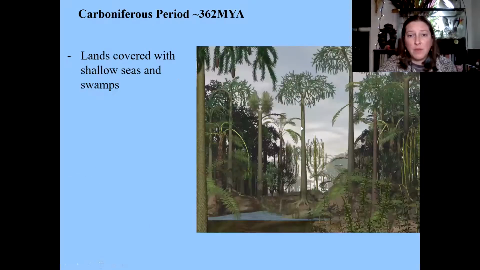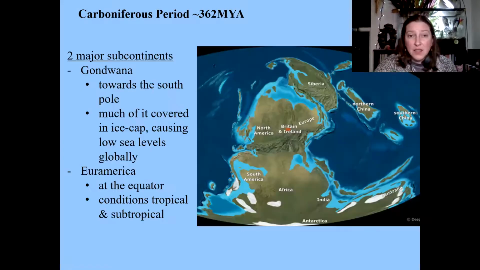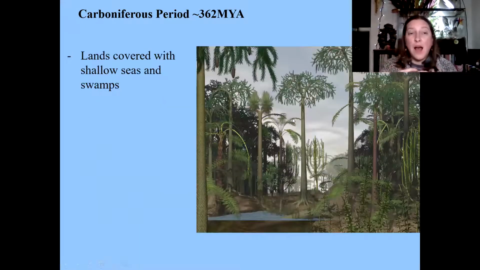So a whole different vibe than what's going on now. See this lighter blue color that's surrounding that area. Those areas allowed there to be a lot of shallow seas and swamps.